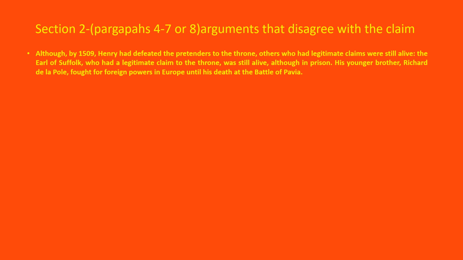Now Pavia occurred in 1525, which was in the reign of Henry VIII. And indeed, when England and France were in conflict, Francis I pointed out that when Henry was making his claims to the French throne, he had in his ranks a Yorkist who had a greater right to the throne than Henry, which was Richard de la Pole.